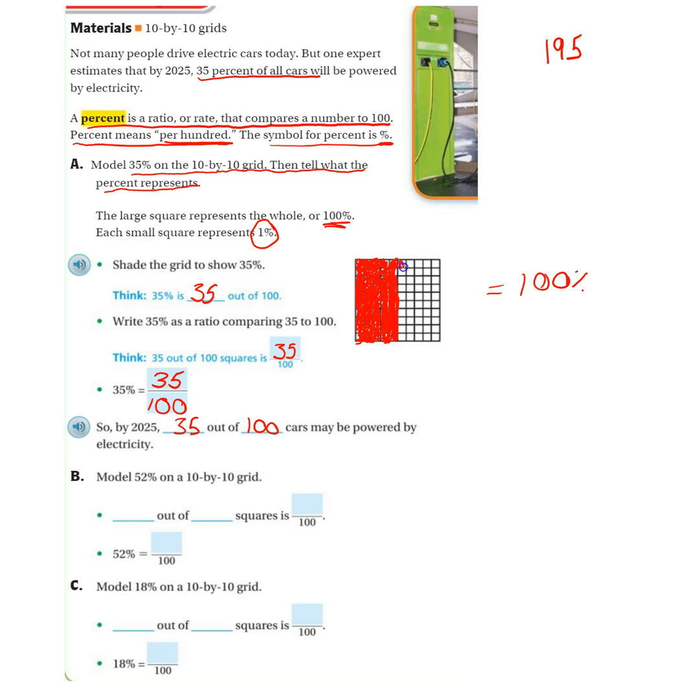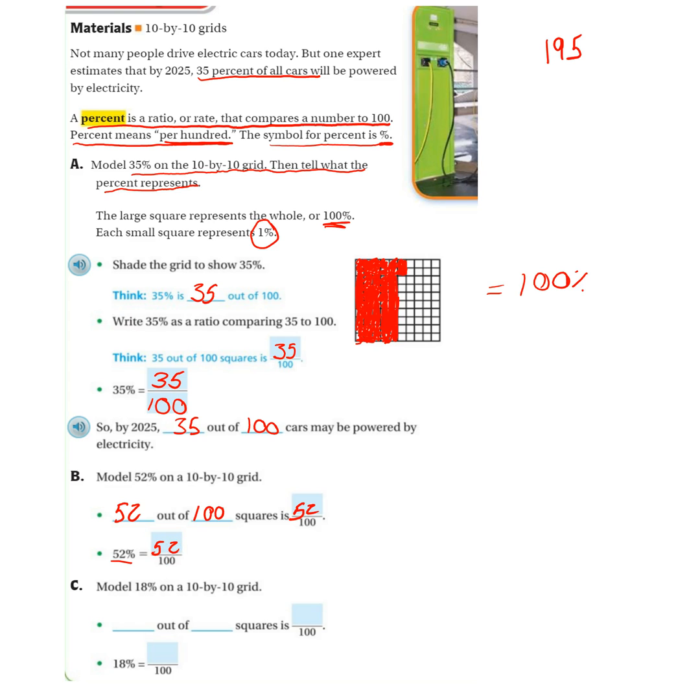And then 2 more, 51, 52. Okay. So 52 out of 100 squares is 52 hundredths. So 52% is 52 per 100.